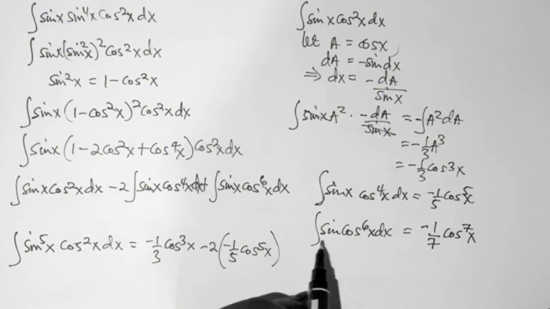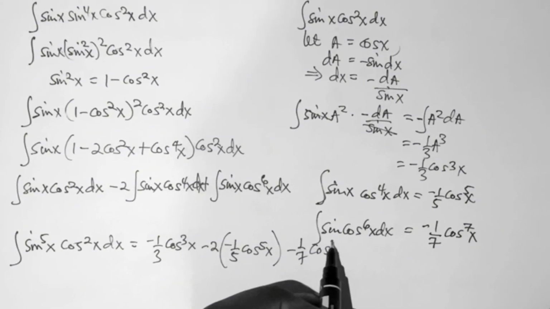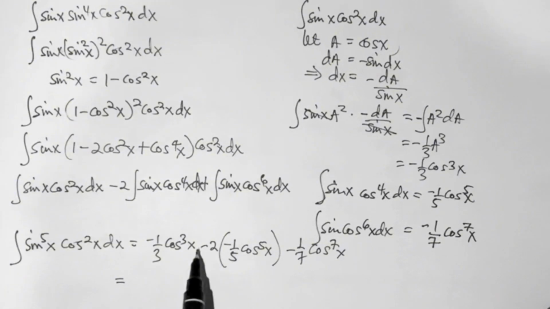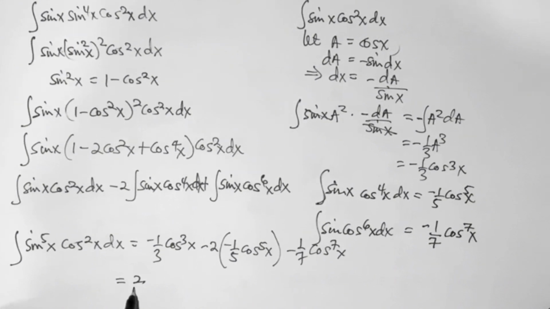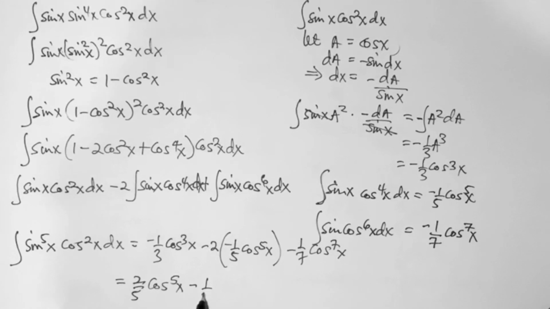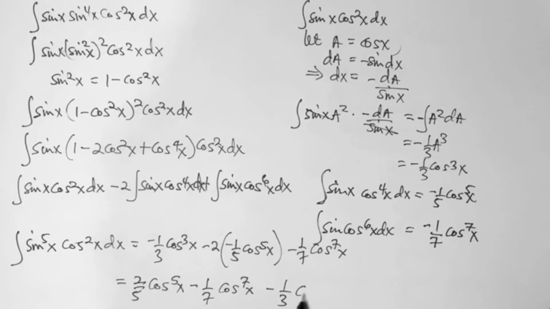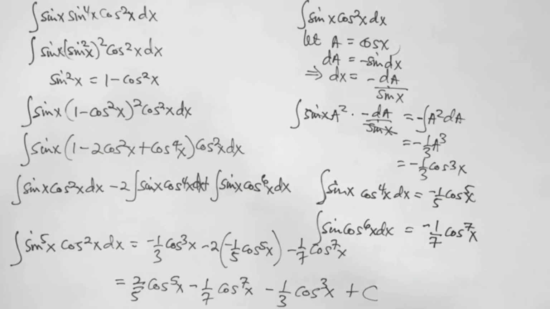Then this is plus, so that will evaluate to minus 1 over 7 cos^7 x. So if we further simplify this, this is minus 1 over 5, so it becomes 2 over 5 cos^5 x, then minus 1 over 7 cos^7 x, then minus 1 over 3 cos^3 x, plus the constant of integration c. So what is the integral of tan^2 x sec^2 x dx?